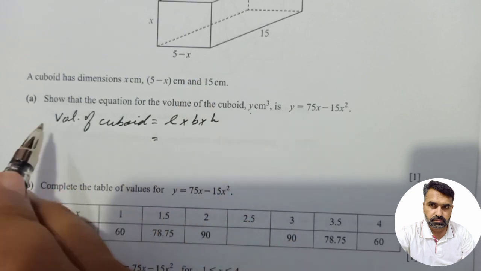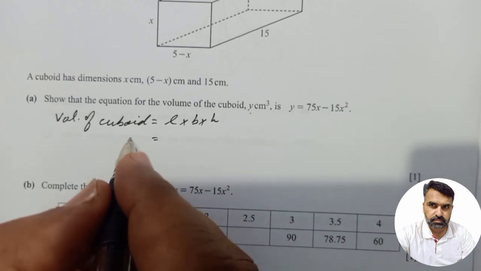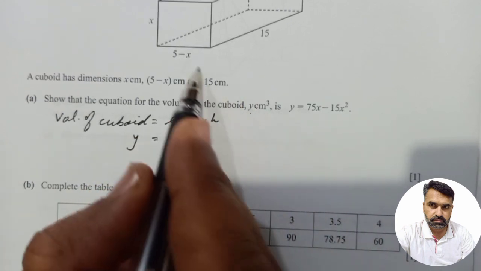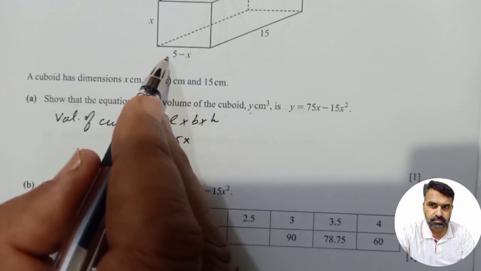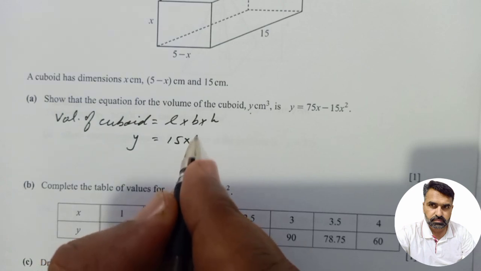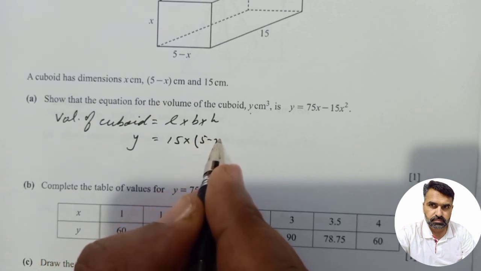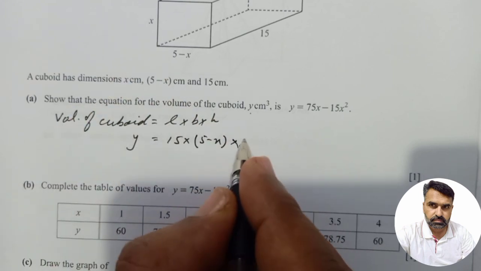So students, volume is given in y centimeter cube, so y is equal to, in place of length I will write 15, multiplied by breadth, which is in the form of two numbers, 5 minus x, so it is written in the bracket, multiplied by height x.